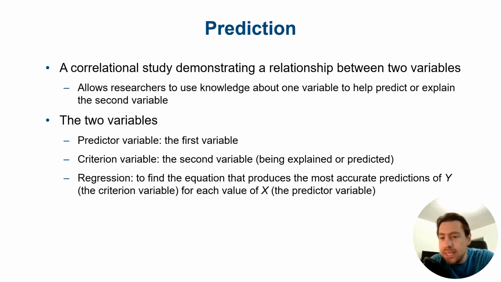So in correlational studies, variables are often designated as either the predictor or the criterion variable. The predictor variable is the variable used to make a prediction, and the criterion variable is the variable being predicted.